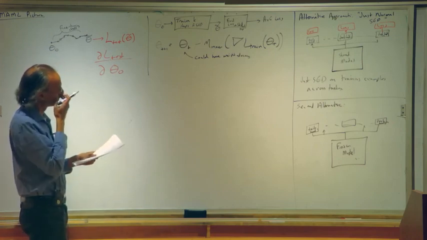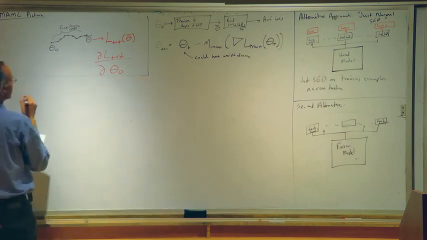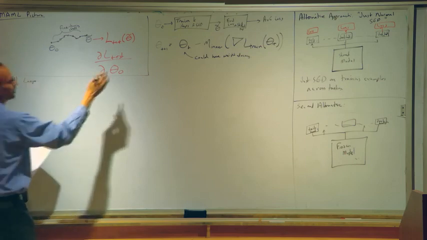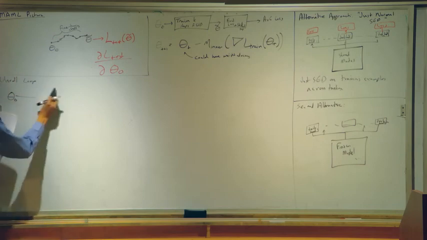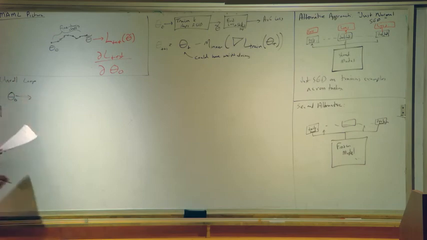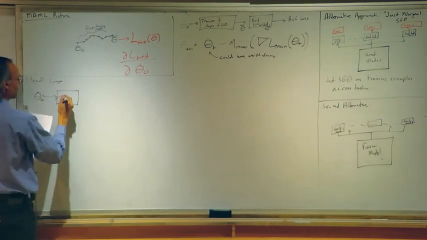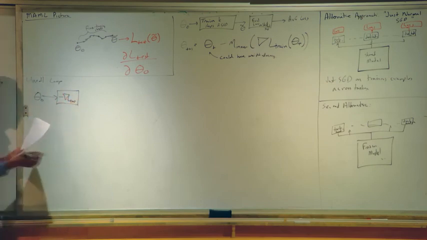So we can unroll this loop, the SGD loop, is what I was saying. It looks like this. I have theta 0, which goes into something that computes the negative gradient of the training loss. I'm going to suppress the dependencies.